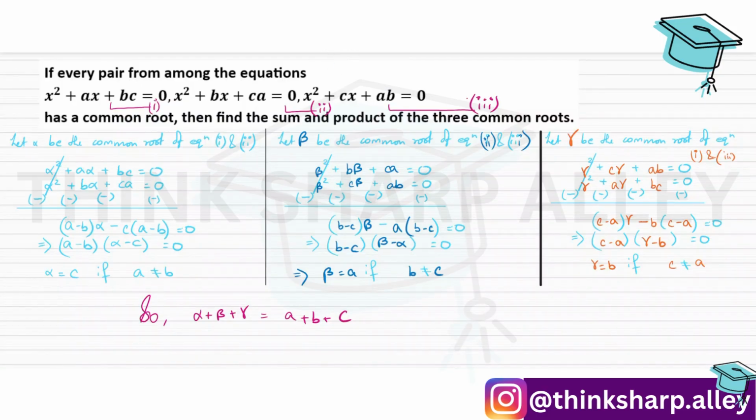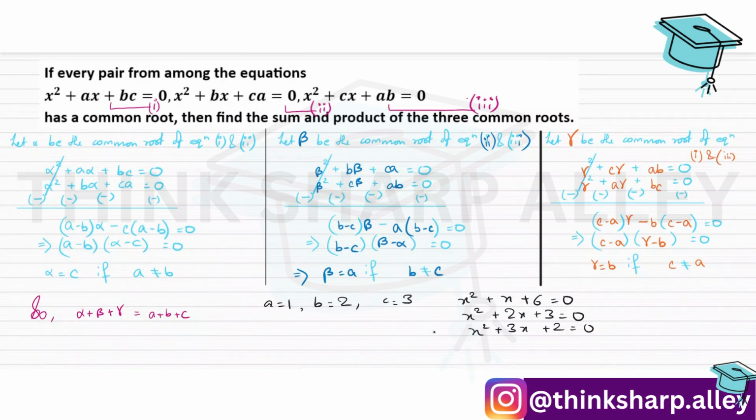We are taking a counterexample. Let us take a equal to 1, b equal to 2 and c equal to 3. So the equations become this. And if we go by this method, it says the common root of the first 2 equations, let's say alpha, will become 3, right? Now let's check if 3 is actually a root of the first 2 equations.